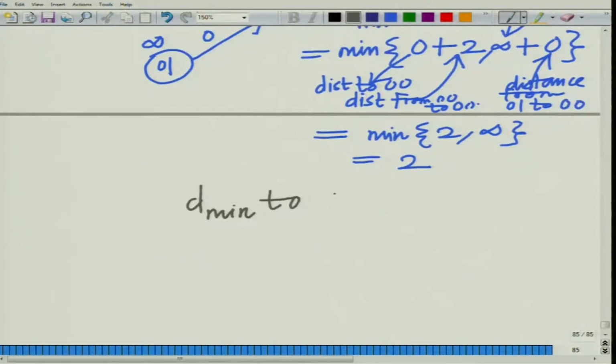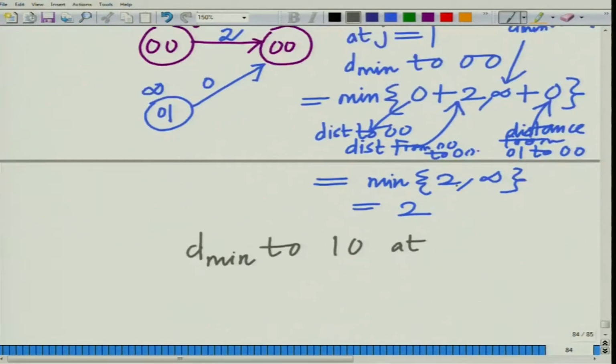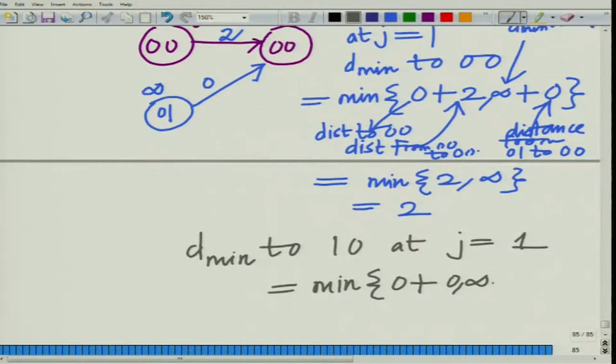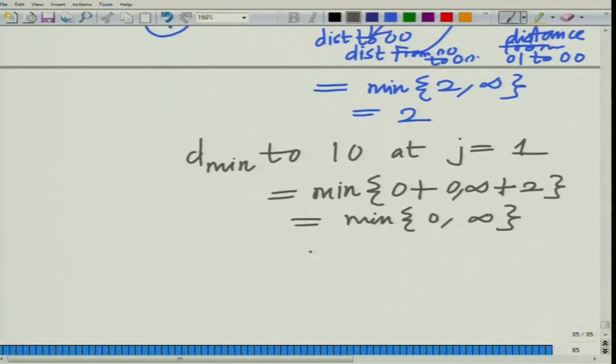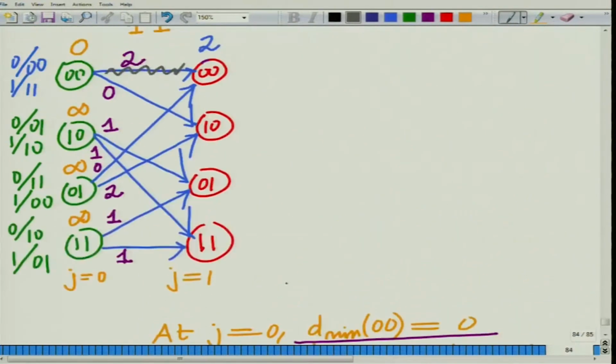This is equal to the minimum of 0 comma infinity, which is clearly 0, and therefore the d min to 1 0 is 0 and the minimum distance path is this.